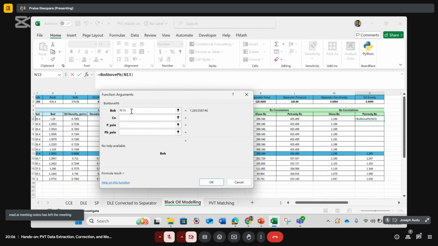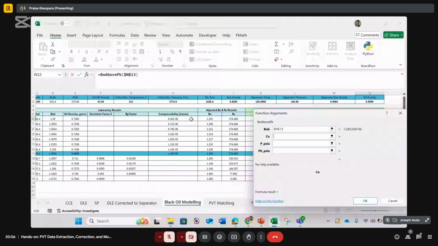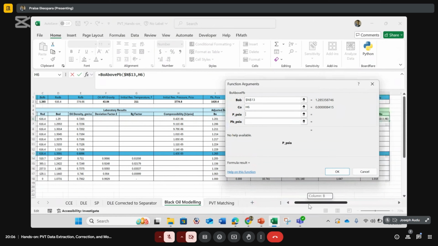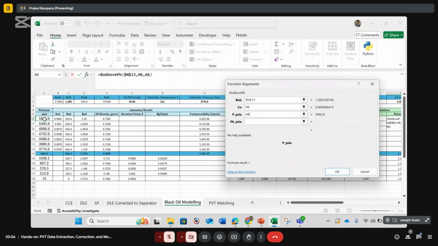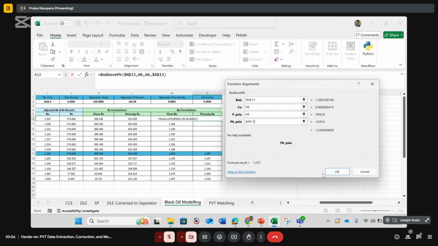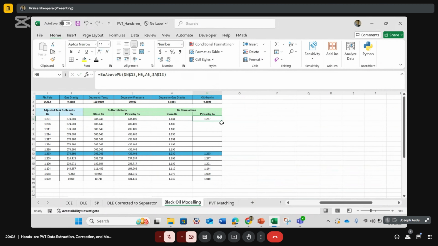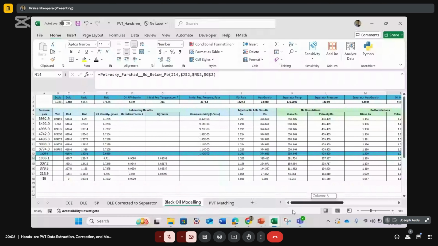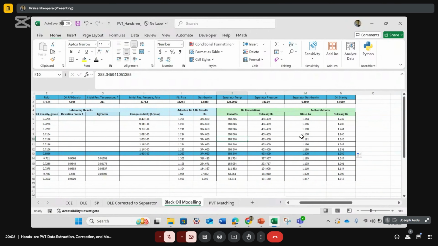So I will click on this, lock it up, then get the compressibility corresponding to that and the pressure as well. Then the saturation pressure, which I need to lock up as well. Then run it down. So this time, I've completed the modeling for these two parameters.